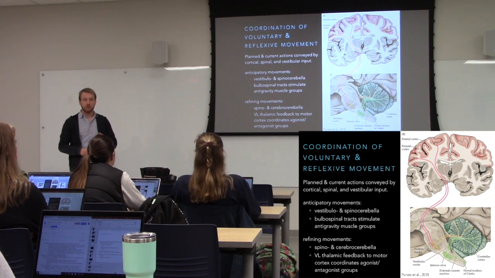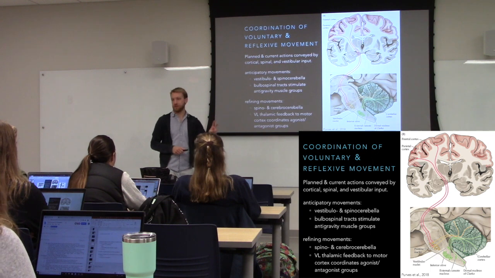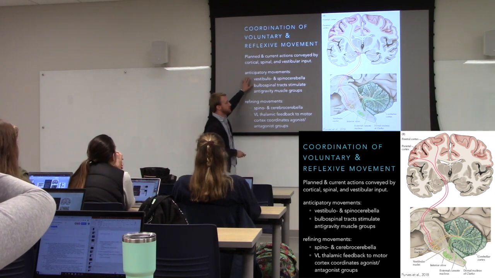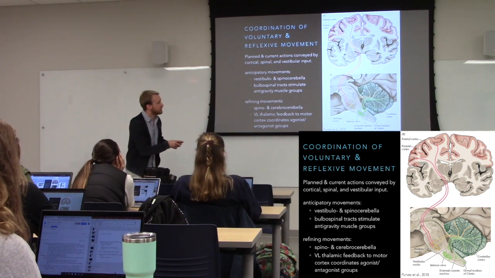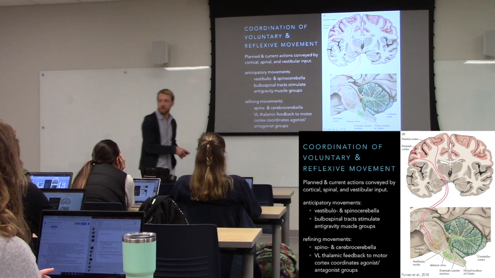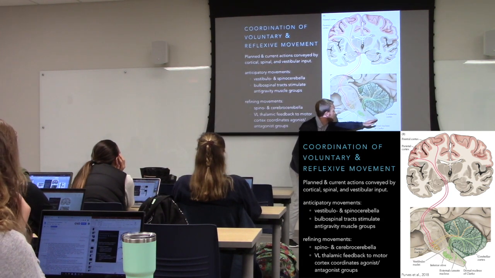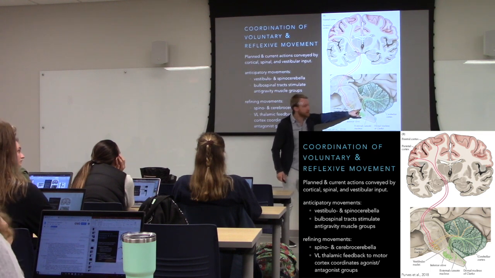Couple types of outputs. Really, there's two major functions of the cerebellum. We're going to produce some anticipatory movements. So we have an idea of what's going on in our body because we have input from the spinal cord, for example. Down here we know what's going on in our upper limbs and our lower limbs. We have an idea of our sense of balance right here.